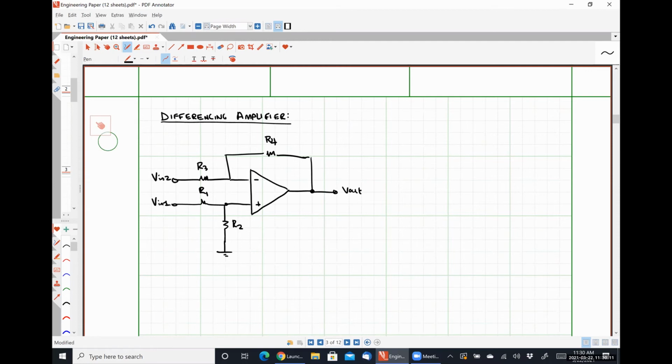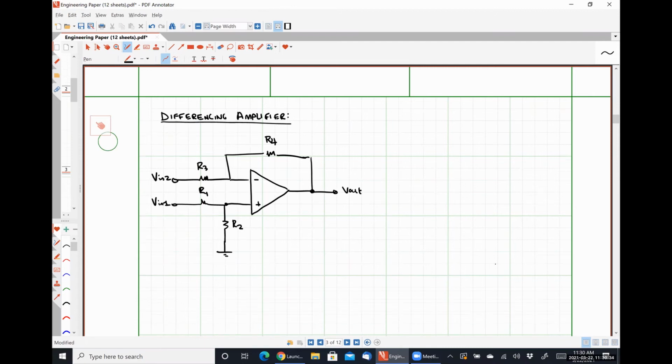So we have an input signal applied to our non-inverting input, and we have an input signal applied through a resistive network to our inverting input. This is another instance where using superposition makes our life much, much easier, right?